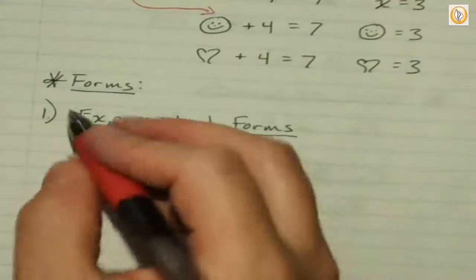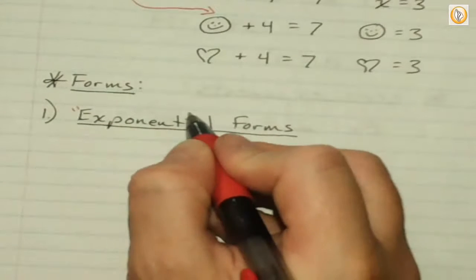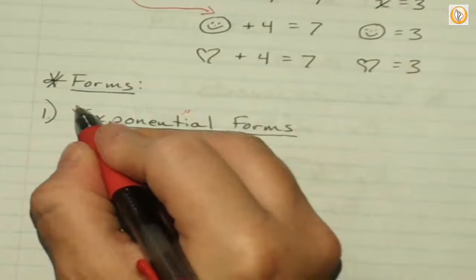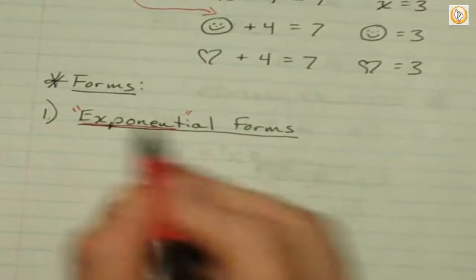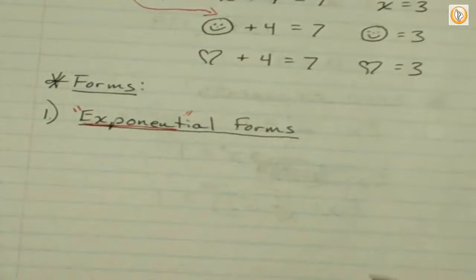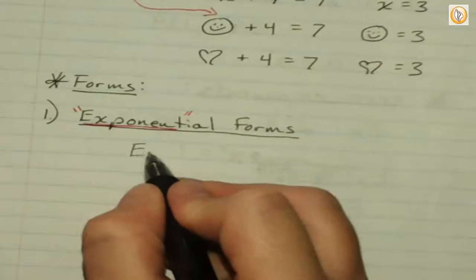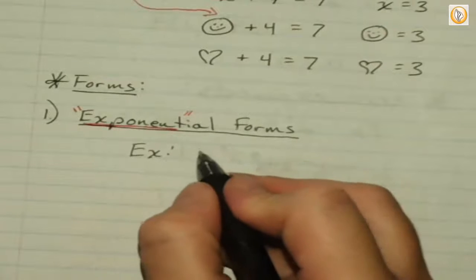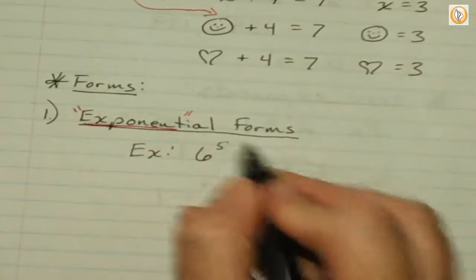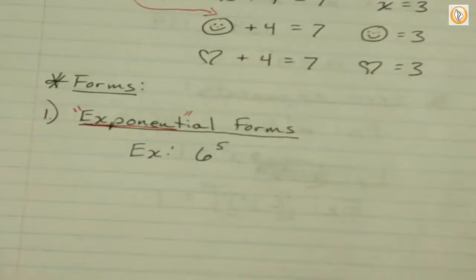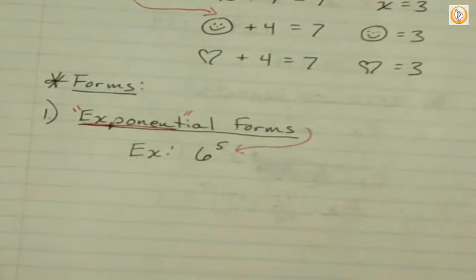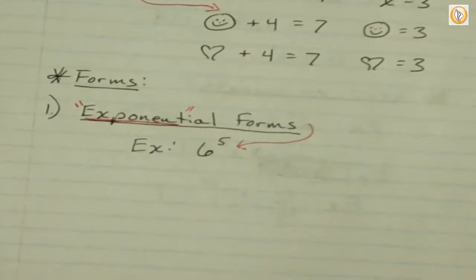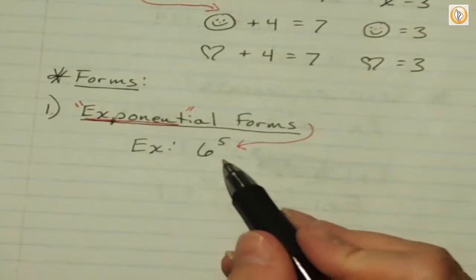Notice the word exponent. Y'all see how it has exponent in there? So, exponential form is this. That's exponential form, where you write it with an exponent.